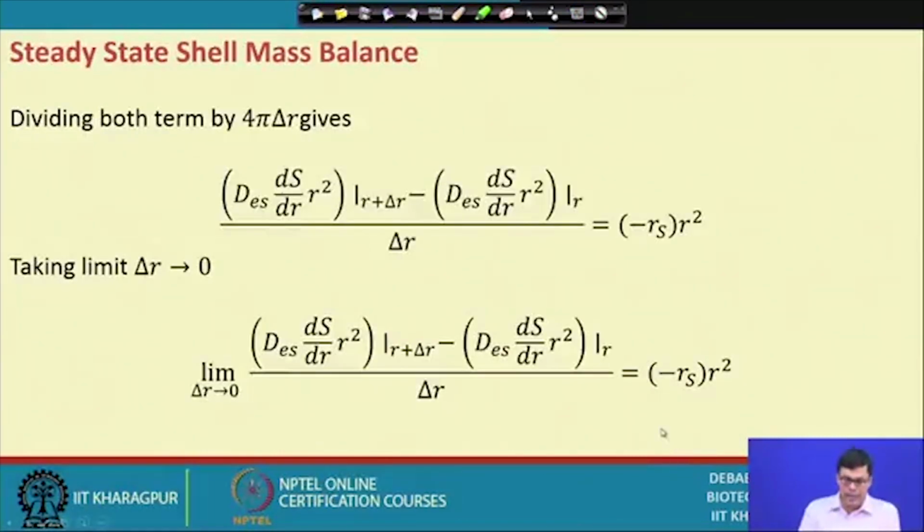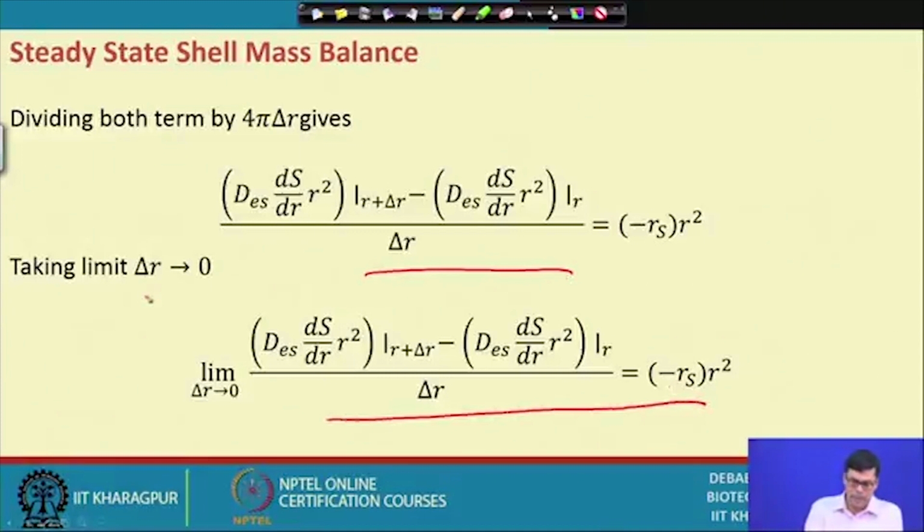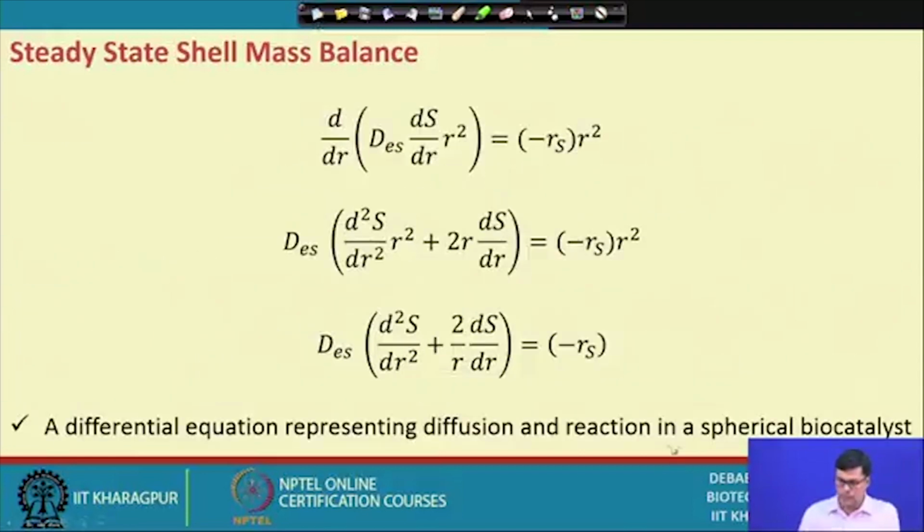Now if you divide by 4 pi del r, we get this equation. When del r tends to 0, we can put a limit and find this equation. Finally we come to the steady state cell mass balance.